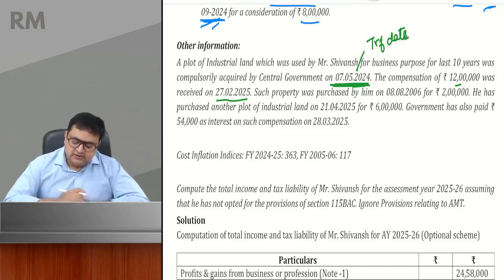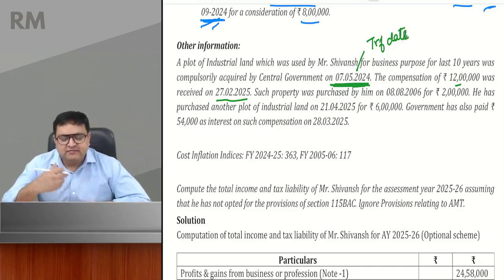Generally, capital gain says that when the transfer happens, capital gain should be taxable in the year of transfer. But it's a very special case of compulsory acquisition. In compulsory acquisition, we make it taxable only when the compensation is received.